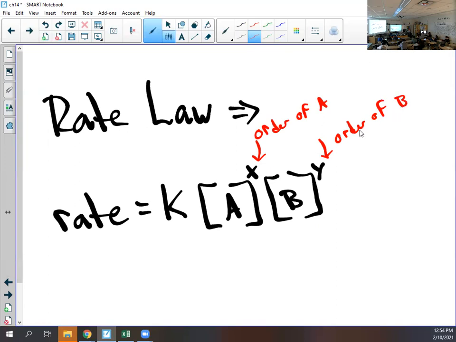All right, so what we are going to do, we are going to use tables of data to figure out the rate law. Once we figure out the rate law, then we can put in the data from the table and solve for k. Once we know k, we can solve for any rate given any concentrations. It's pretty dang cool.